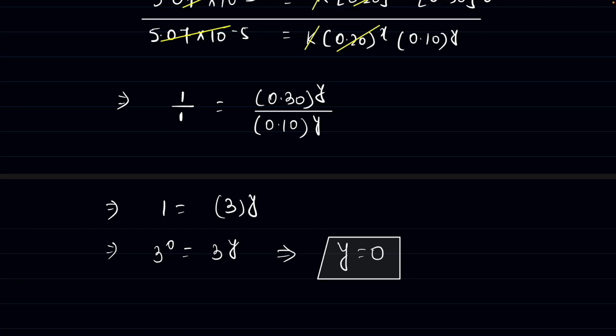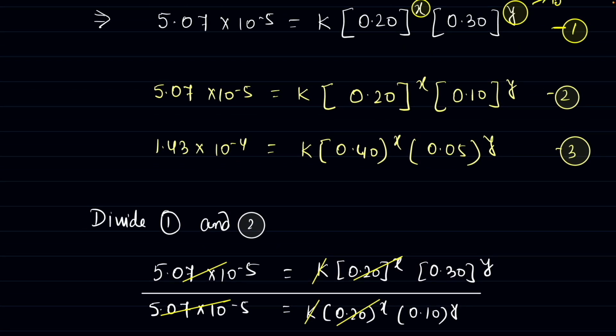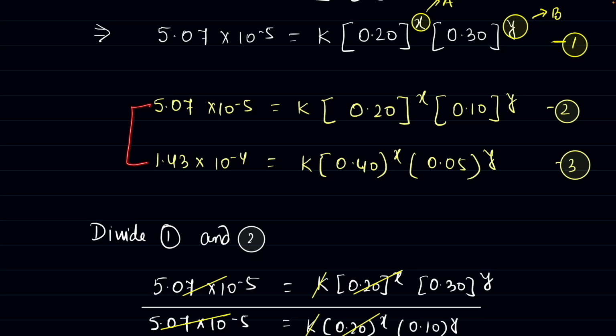Now we have to find the value of X. So our next work is to find the value of X. What we can do is divide either 2 by 3 or 1 by 3, any one we can pick. So let's look into the division of 1 and 3.